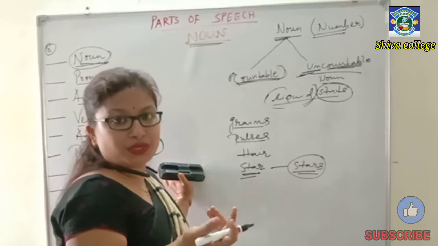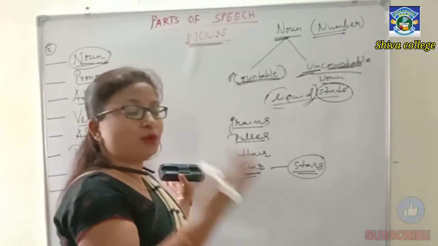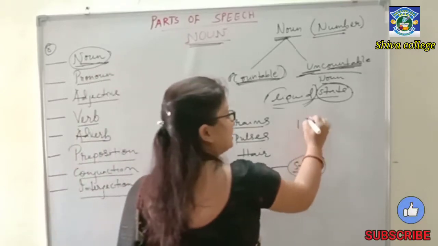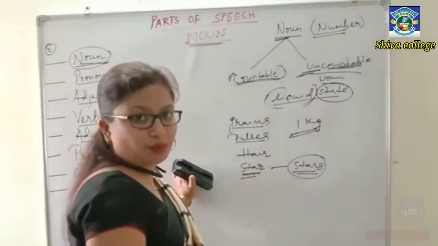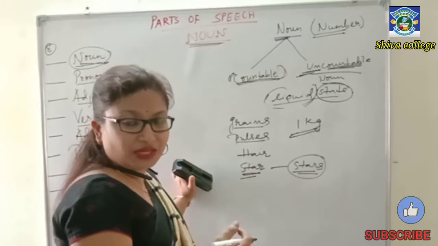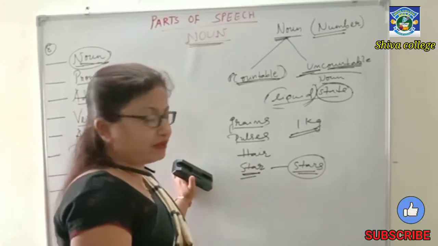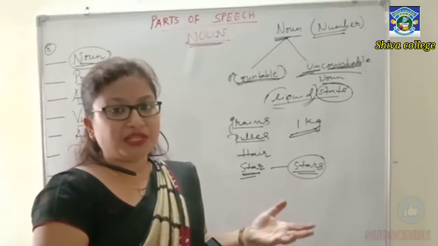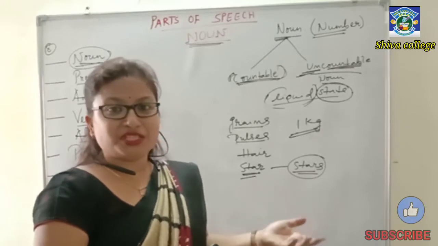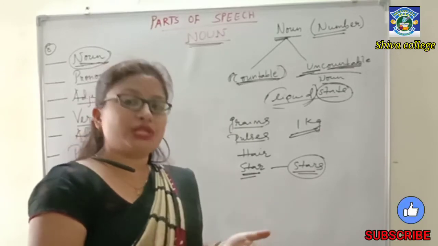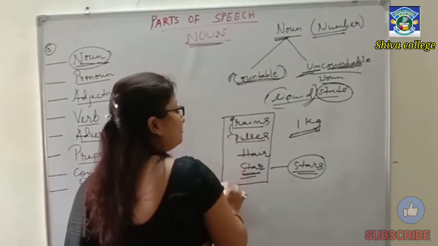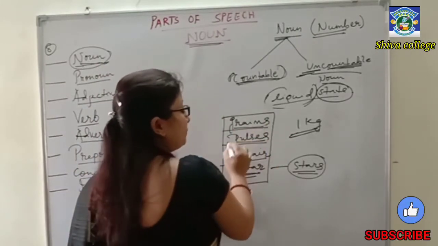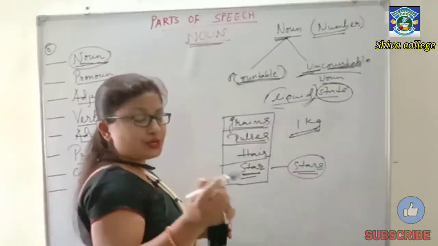It has no use. If I want pulses, I will go and tell I want 1 kg of rice, I want 1 kg of wheat, I want 2 kg of grains, any kind of grains. I won't say give me 10 pieces of dal, give me 10 pieces of rice, so it is useless to tell. So if you count any kind of grains, pulses, it is useless to count.